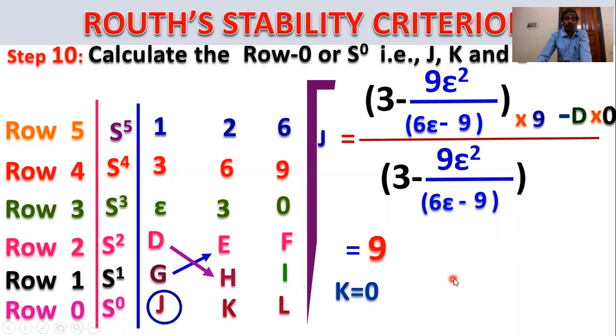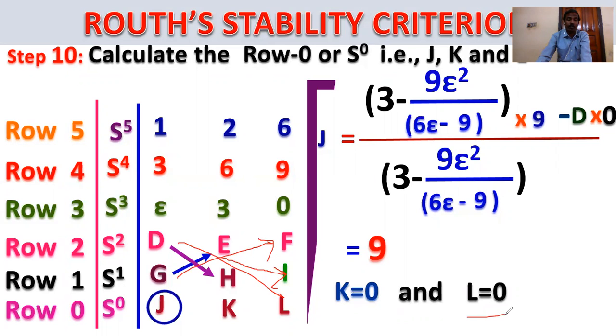Then K equals 0 and L equals 0, because K equals G into F, which is 0, and L equals G into I, which is also 0.